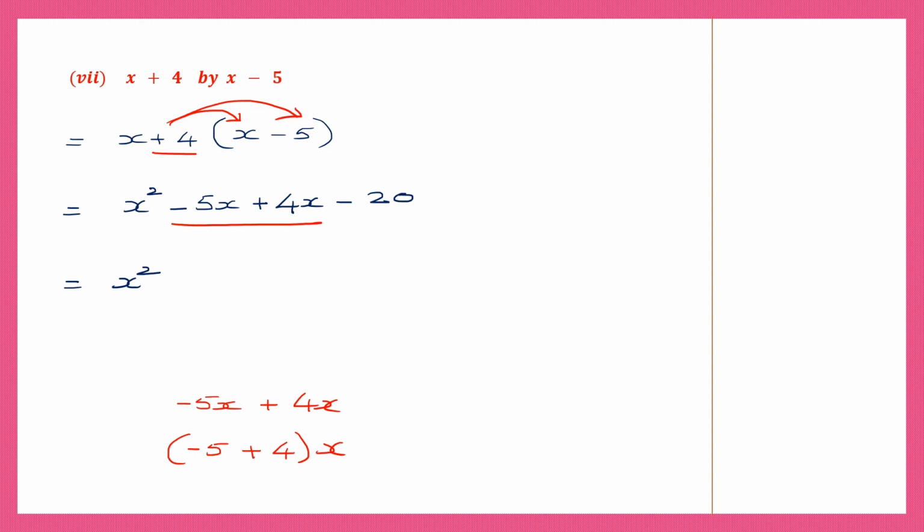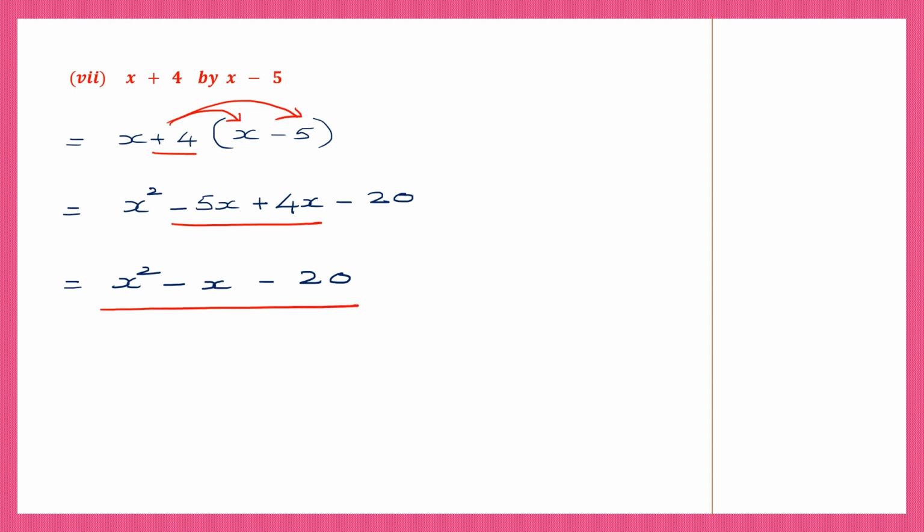So here signs are different. Remember, this part is not multiplication. So minus 5 plus 4. When signs are different, put the sign of the bigger number and subtract. 5 minus 4 is 1. Minus 1x, or you can simply write minus x. And what is left is minus 20. So what is our final answer? x square minus x minus 20.